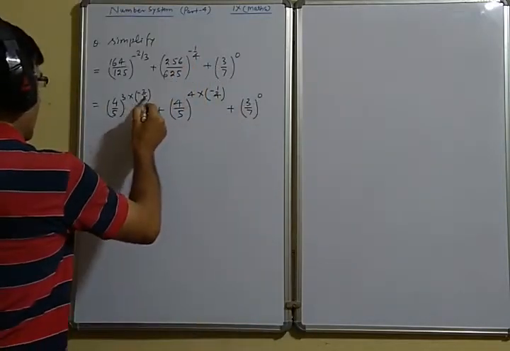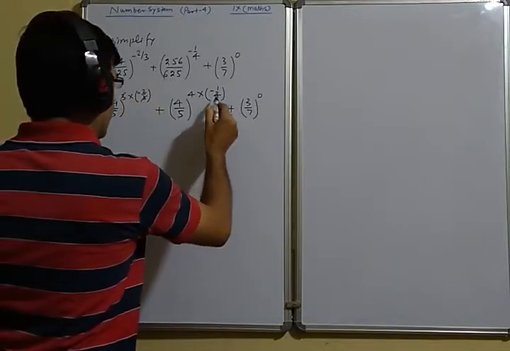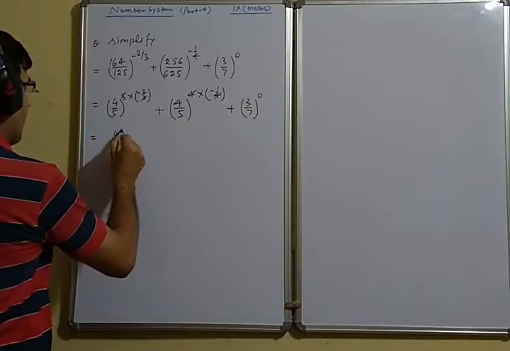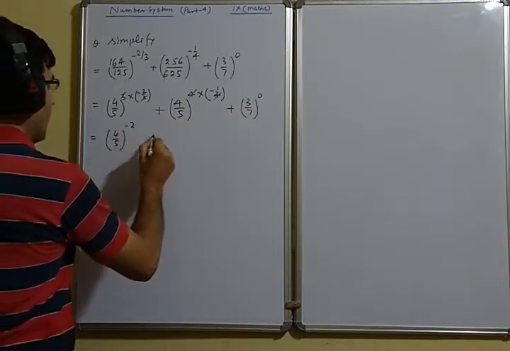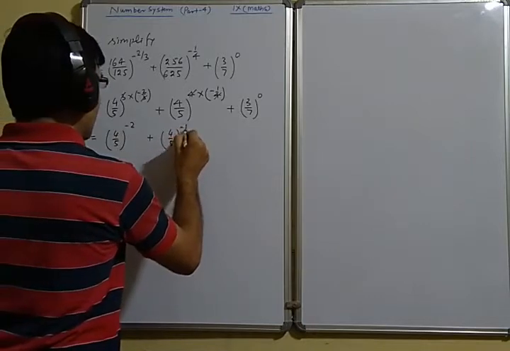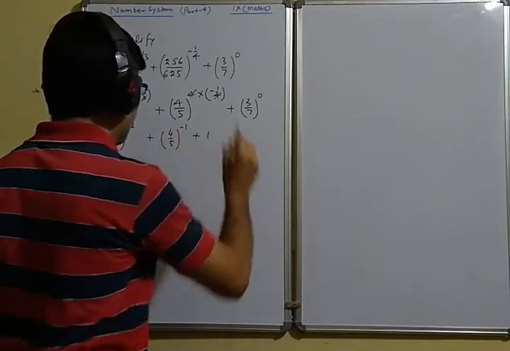So now the 3 cancels out, the 4 cancels out. So this becomes 4 by 5 raised to power minus 2 plus 4 by 5 raised to power minus 1 plus 1.